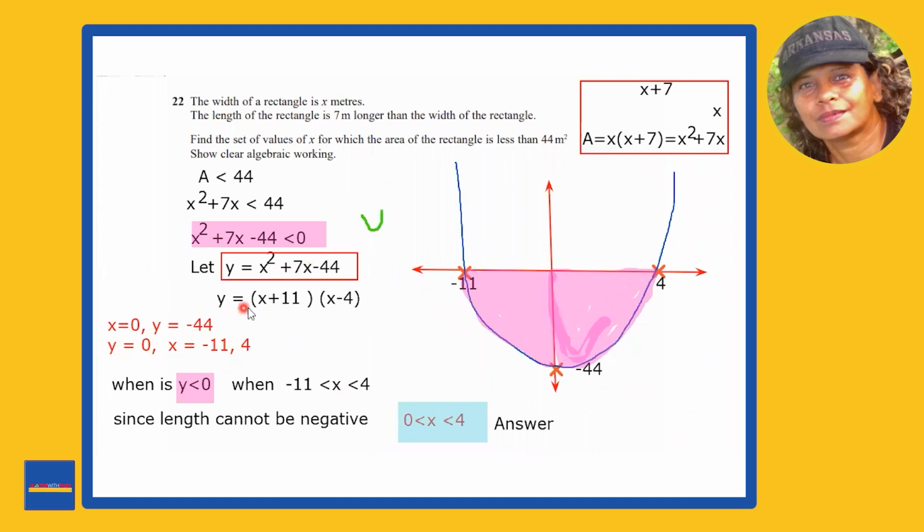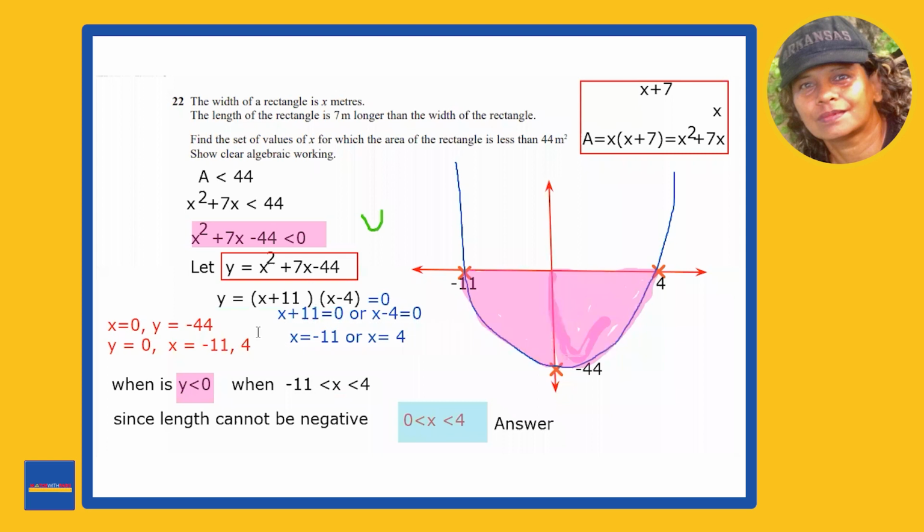When y is equal to 0, we simply equate this to 0, and then we have to solve these two brackets. So we have x plus 11 equals 0, or we have x minus 4 equals 0, and when you solve that, you get that x is equal to minus 11 or x is equal to 4.